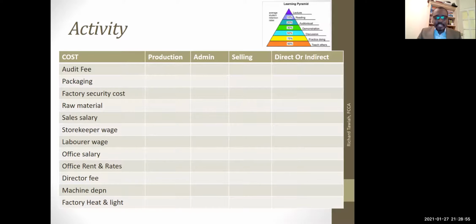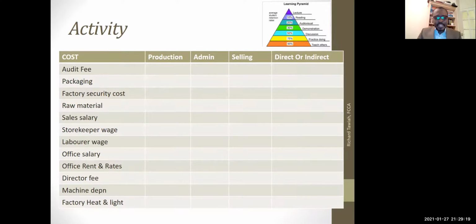So it becomes a direct cost, okay? Office salary is administrative, indirect. Office rent and rates, administrative, indirect. Director's fee is also administrative, indirect, because we cannot trace all of these to the product or service we are providing. Machine depreciation. The machine is used usually at the production floor.